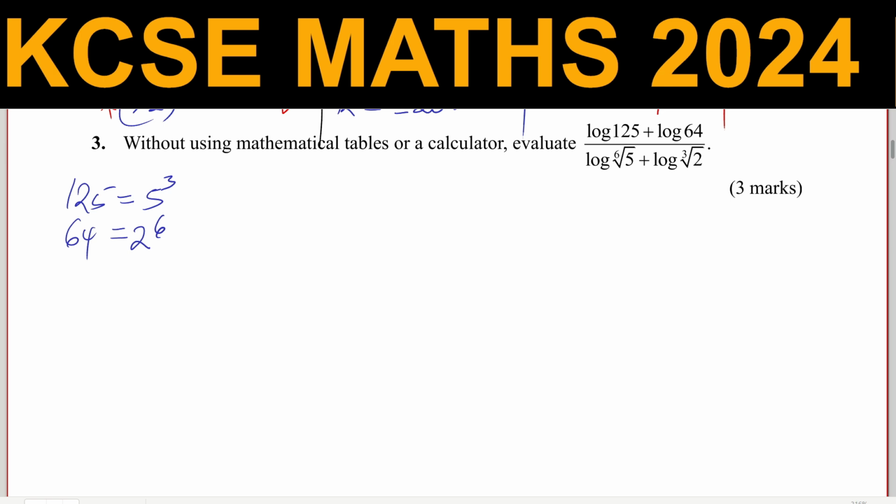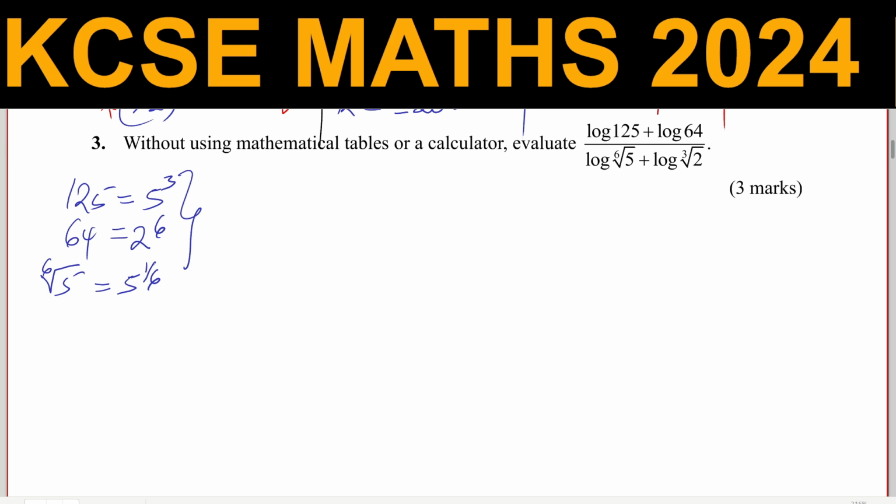Now looking at the denominator, we have logarithm of the 6th root of 5. The 6th root of 5, you can also write it like this: 5 raised to power 1 over 6.